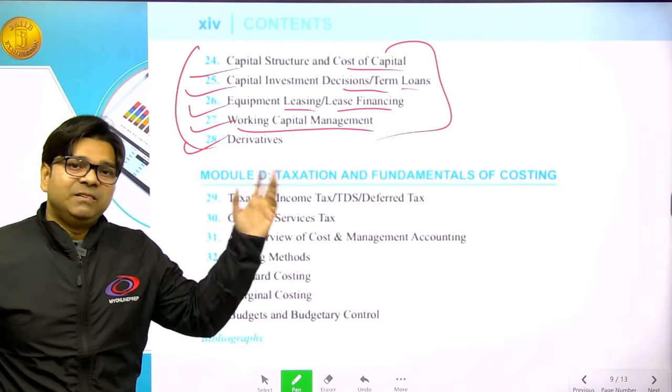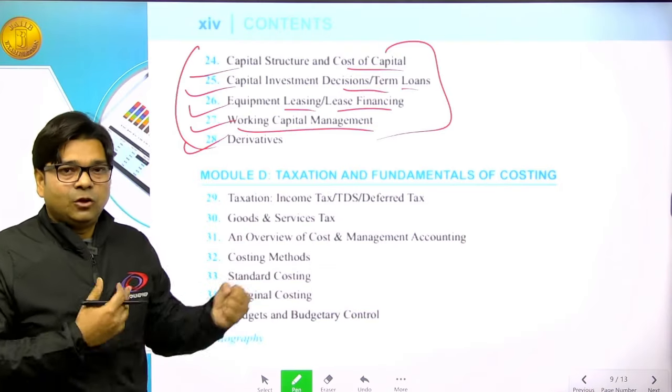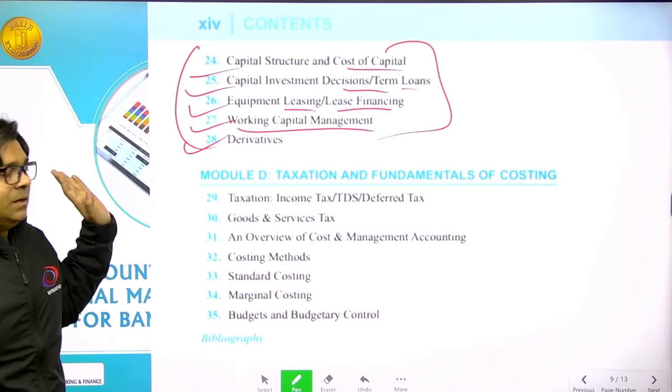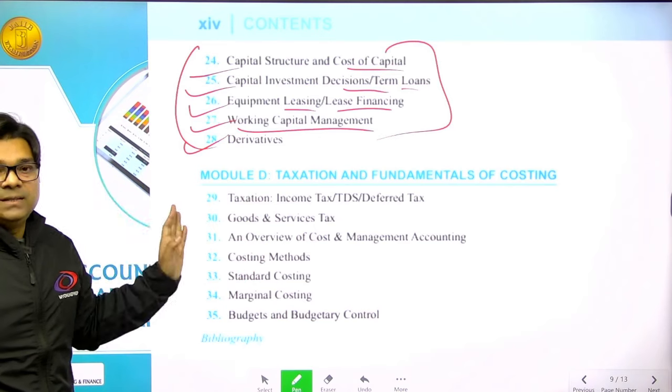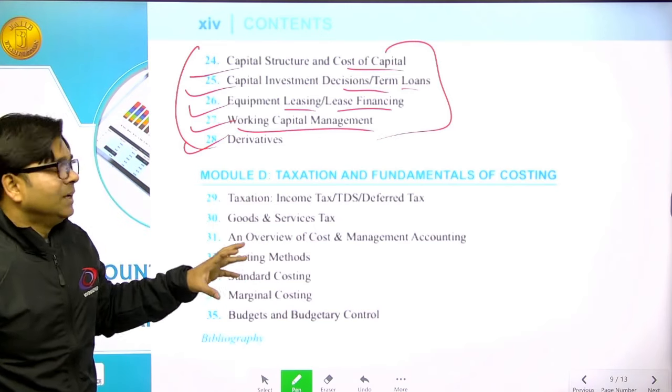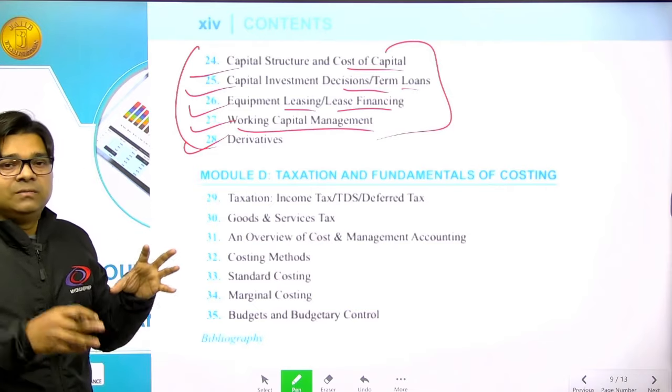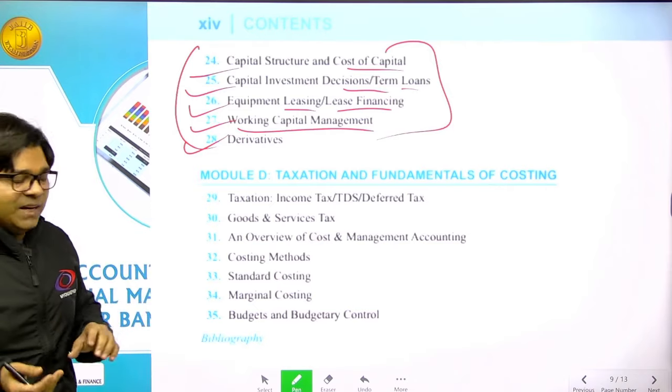So that has been realigned with the required topic and required domain. What they have done is that this particular book, accounting and finance and management for bankers, is all about calculation. So they have included all the topics where calculation is required as a banker.